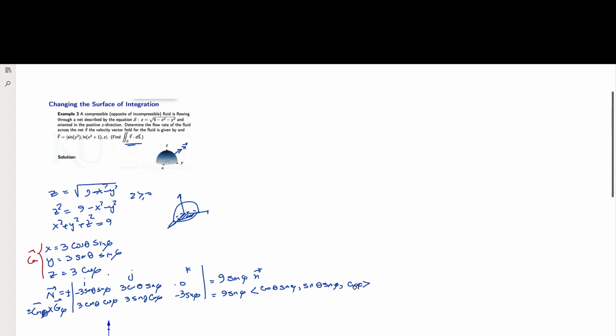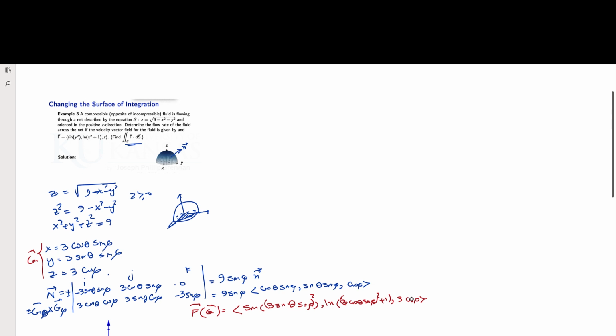Now the next step that I need to take is to compute f of g, and that ends up being sine of (3 sine theta sine phi) to the power 2, and the natural log of, oh sorry, this one is x, so (3 cosine theta sine phi) to the power 2 plus 1, and then 3 cosine phi.